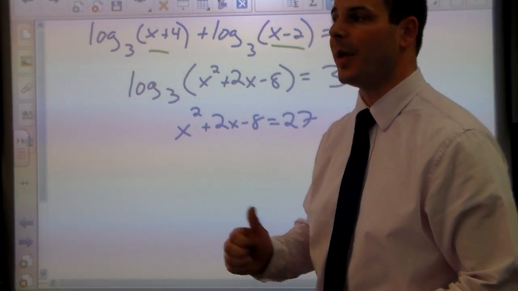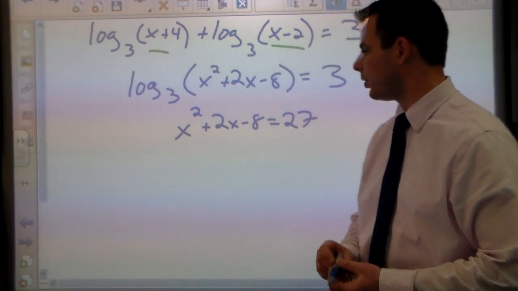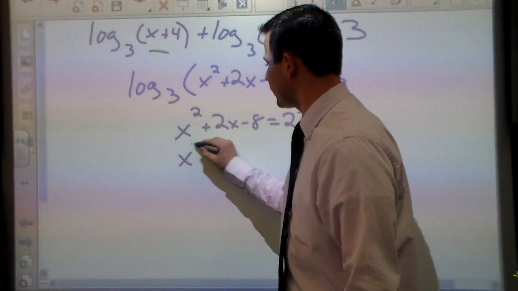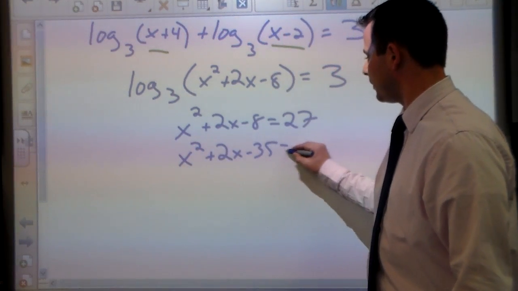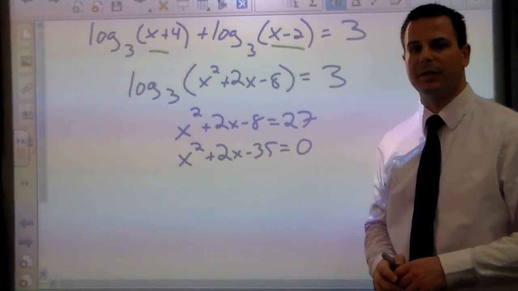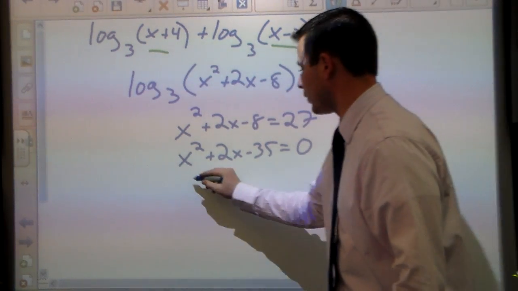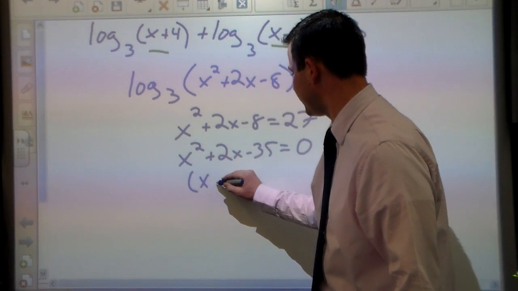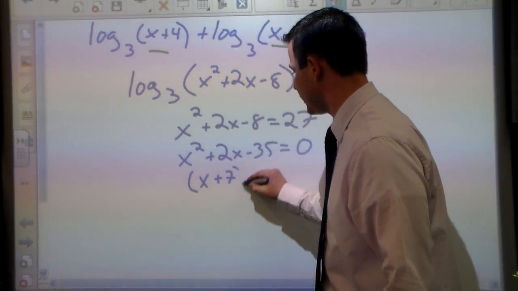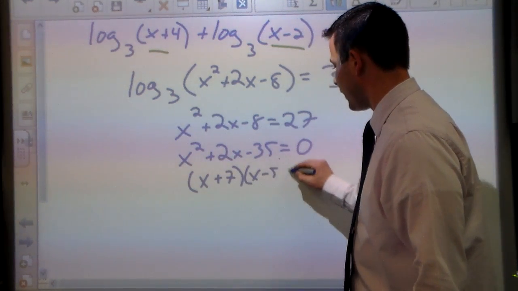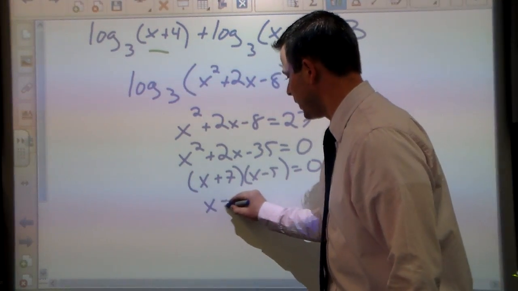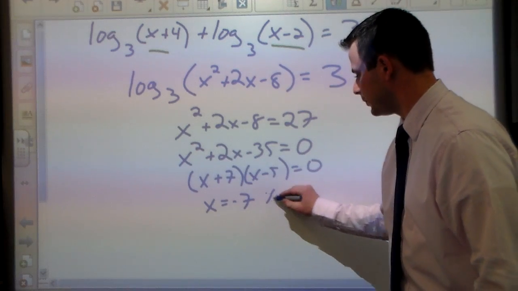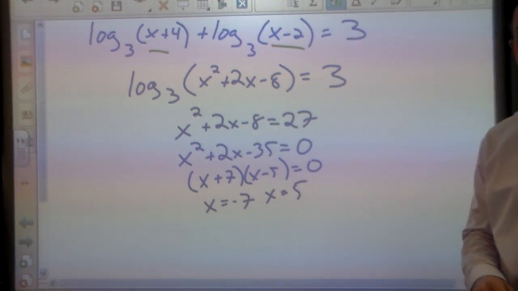If it's not factorable, I may have to complete the square or use the quadratic formula. After getting it into standard form, I end up with x squared plus 2x minus 35 equals 0. Thank goodness this is factorable. So we have x plus 7 times x minus 5 equals 0, so we have solutions of x equals -7 and x equals 5.